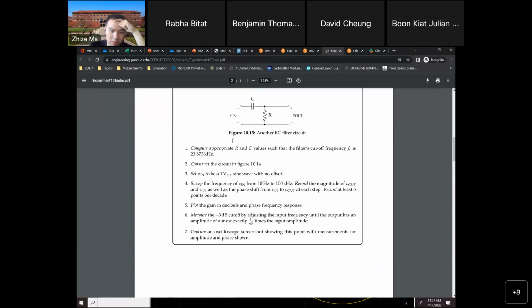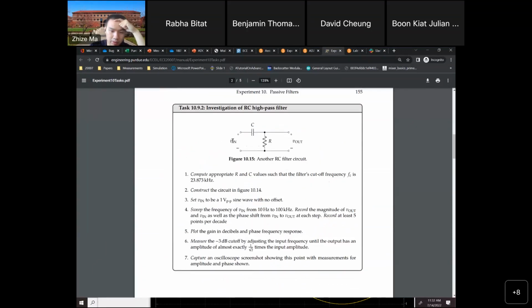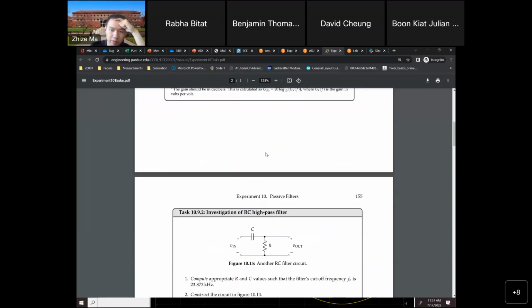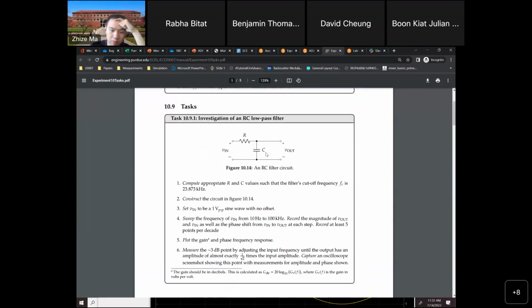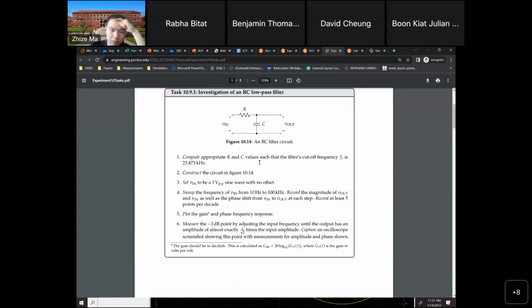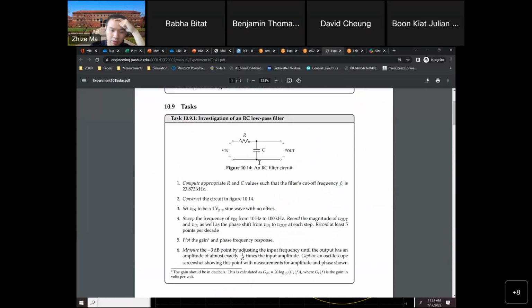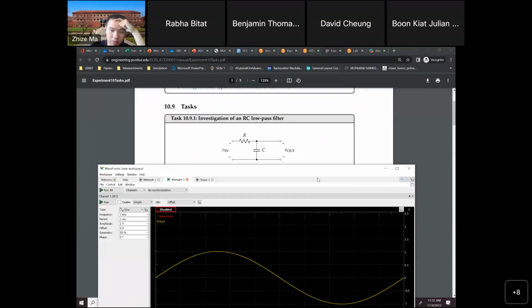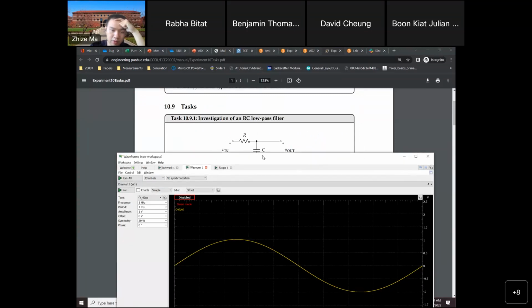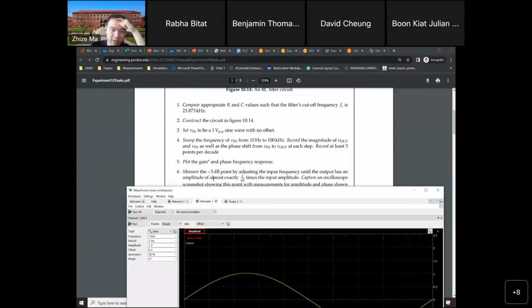Task 2 is pretty similar. You're going to repeat the same process, and you just change the position of R and C, so make it a high pass filter. And make sure when you do these two tasks and take a screenshot, for example task 1, step number 5, the screenshot will be a screenshot of Network.